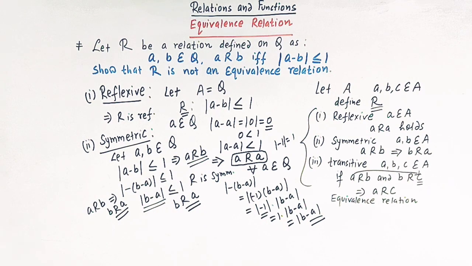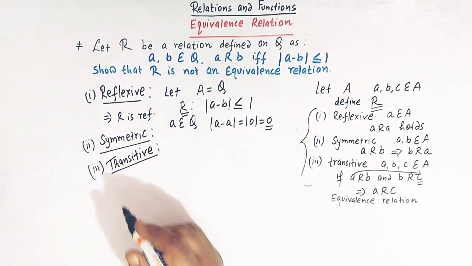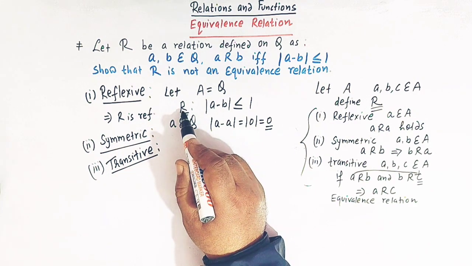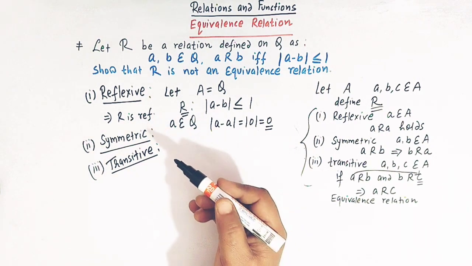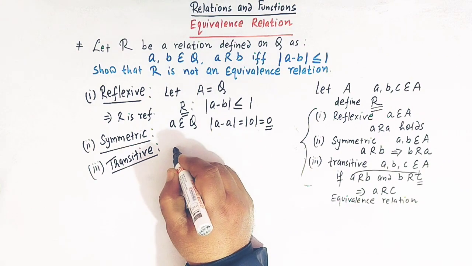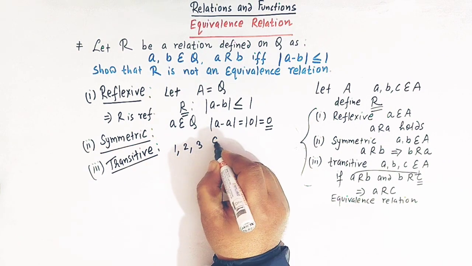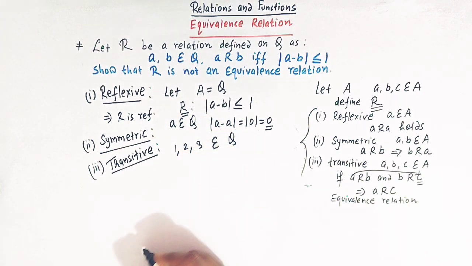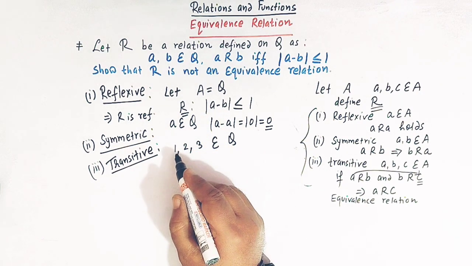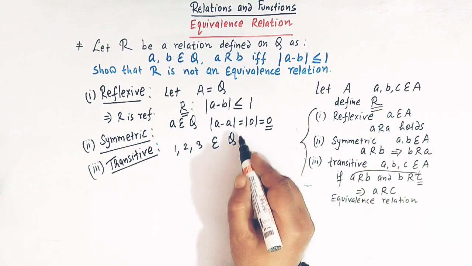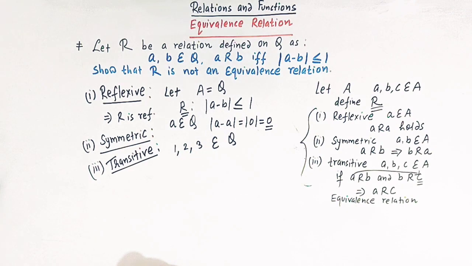Now let us consider the transitive relation. So to consider whether this relation R is transitive or not, let us consider three elements 1, 2 and 3 belonging to the set of rational numbers Q, right? Because 1, 2 and 3 are three rational numbers.